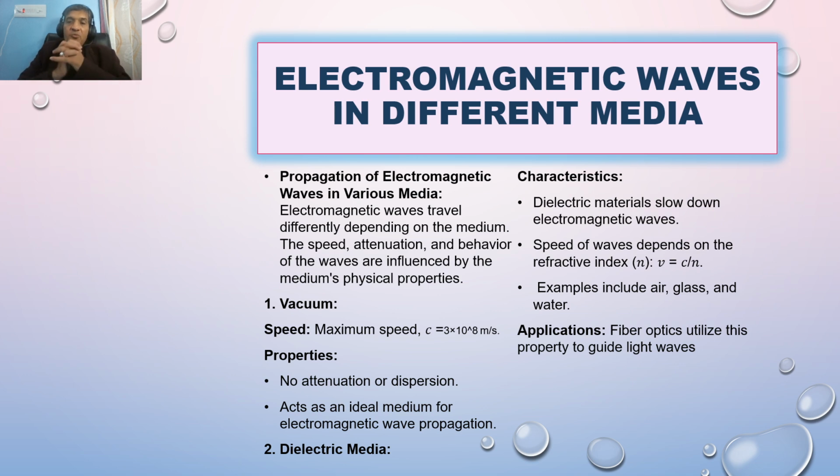Electromagnetic waves in different media we have already discussed, but here let us just read out some important points. Electromagnetic waves travel differently depending on their medium. The speed, the attenuation, and the behavior of the wave are influenced by the physical properties of the particular medium in which we want to propagate an electromagnetic wave.